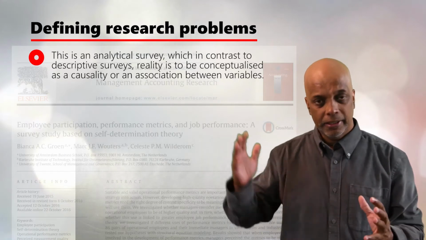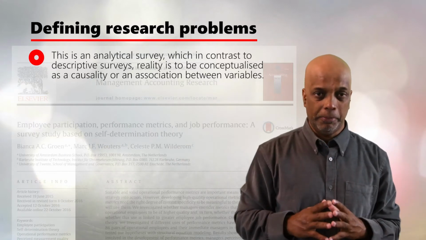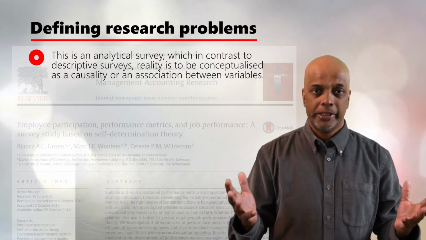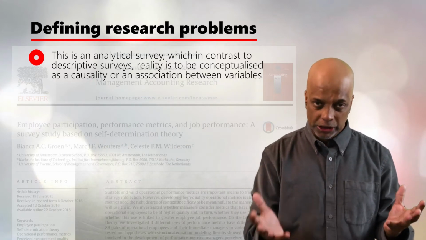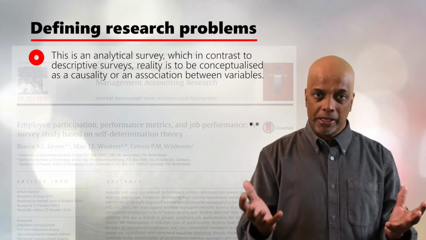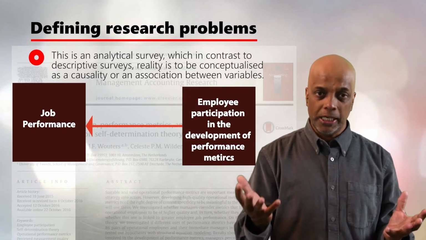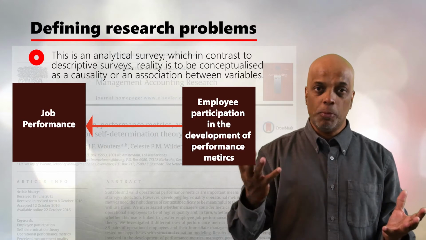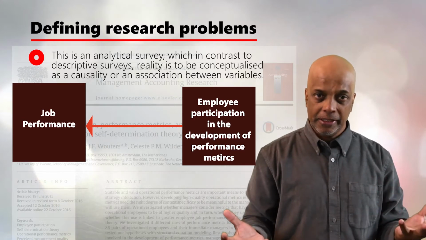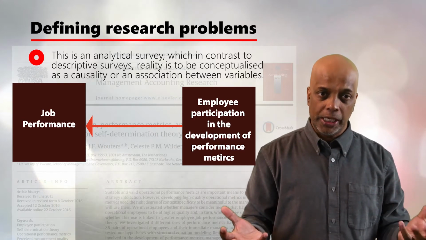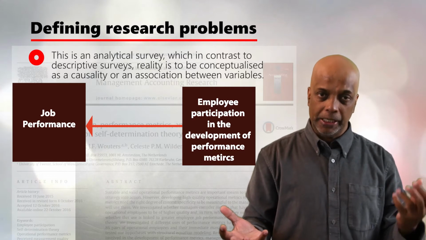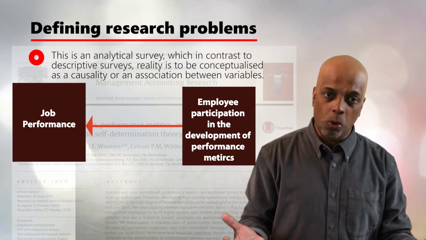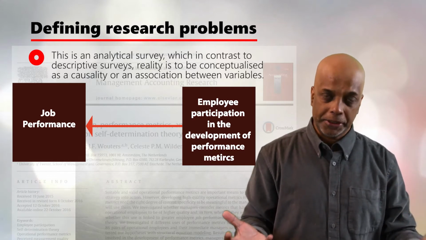So accordingly, in this example paper, these authors want to see whether there is a connection or a causality between job performance and the extent to which employees participate in the development of their own performance metrics.